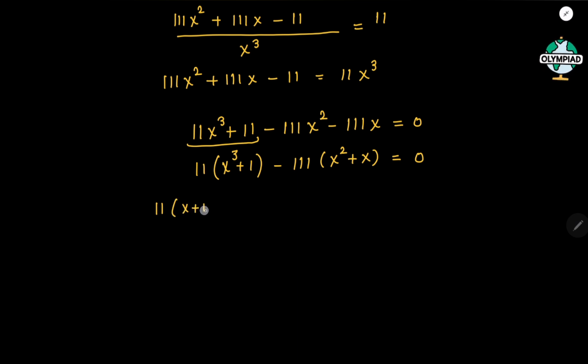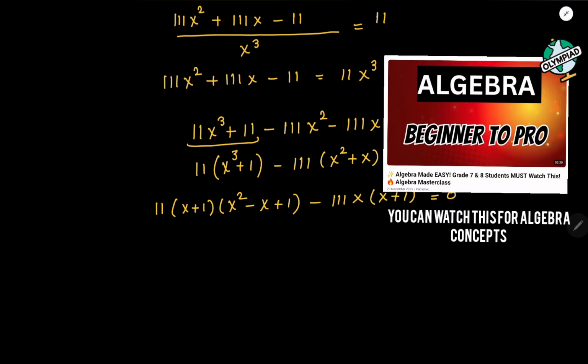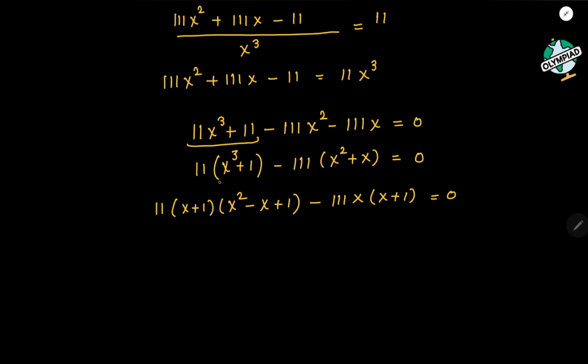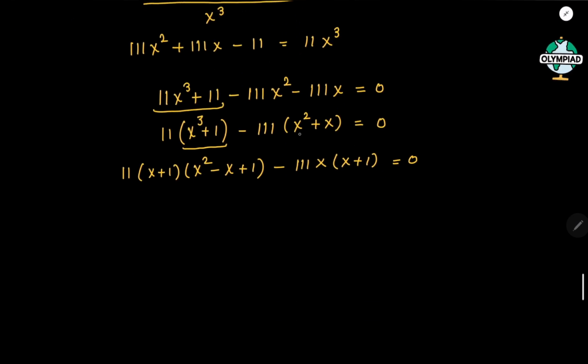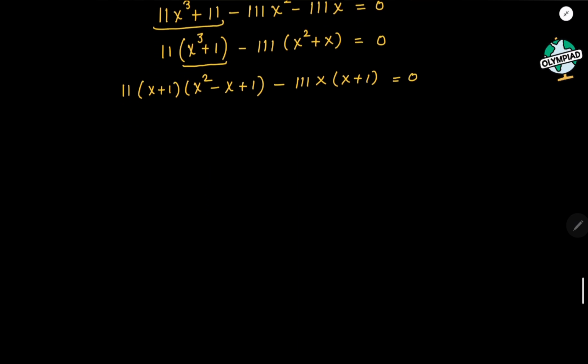It is (a + b)(a² − ab + b²). Minus 111x I will take common, and we have (x + 1) = 0. I applied the formula here, and here I took x common, so I'm left with x + 1, right? Now from both these terms I can take x + 1 common.